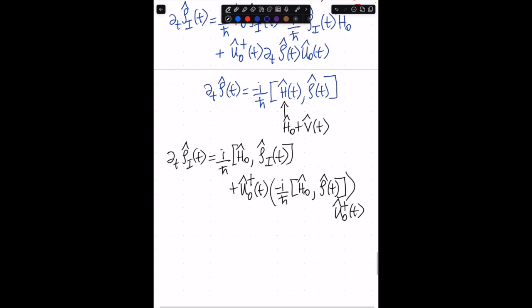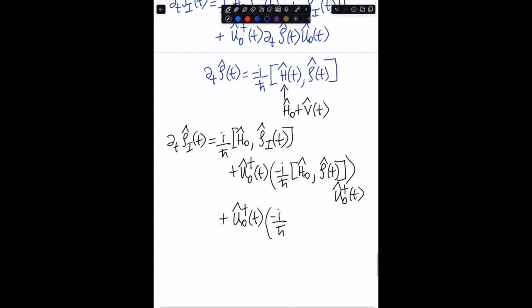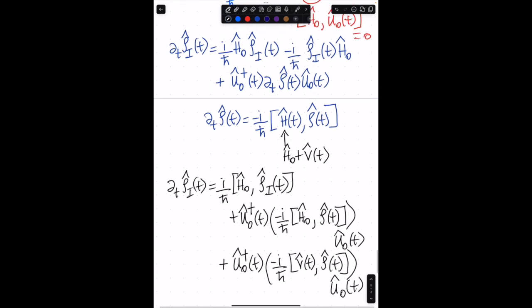And then you will have another term, U hat dagger(t), minus i over h bar times v(t), rho hat(t). Sorry, this will not have this Hermitian conjugate. So it looks like this.